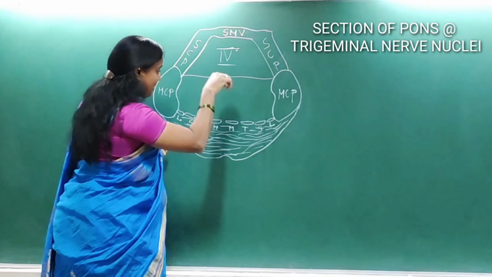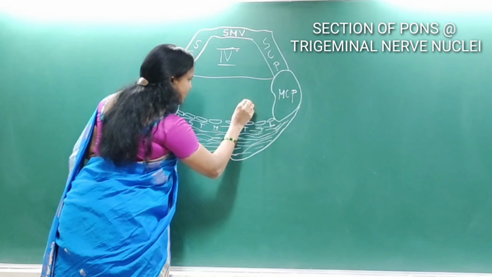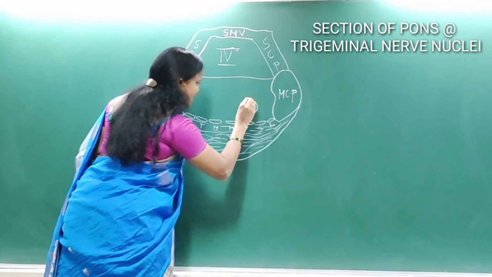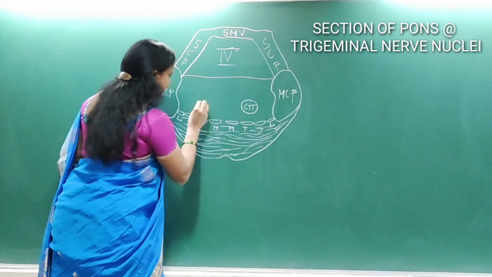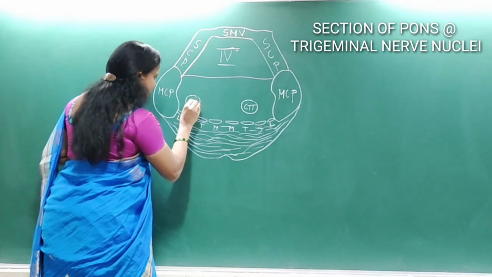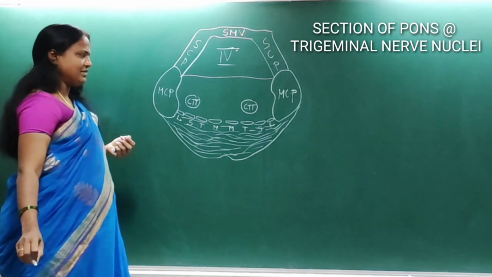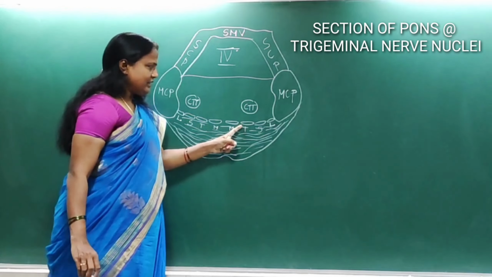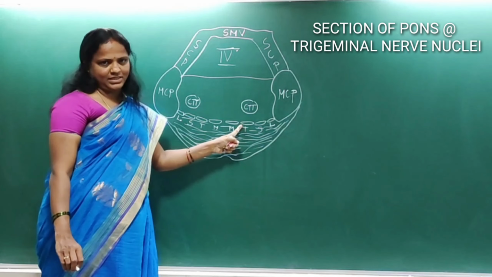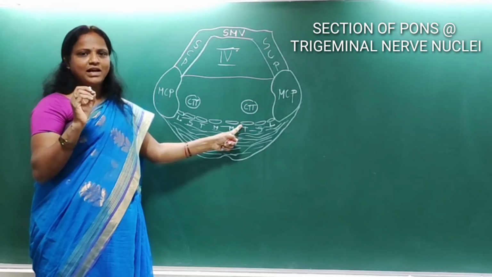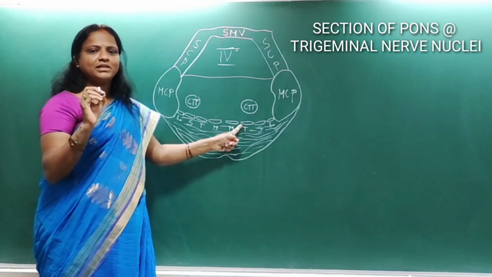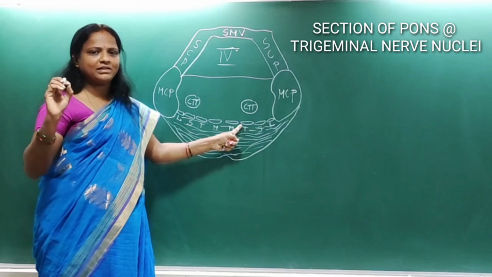In the tegmental part, this is the section of the central tegmental tract. The trigeminal lemniscus is also considered as the ventral trigeminothalamic tract.